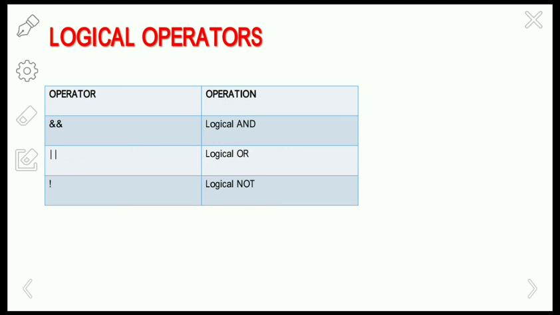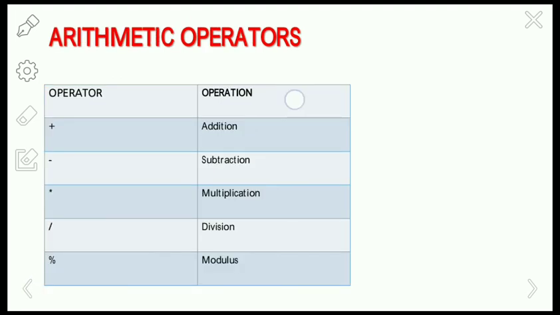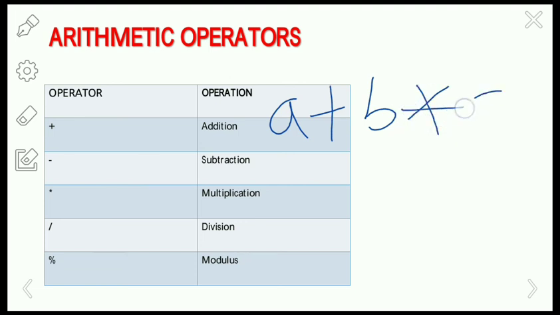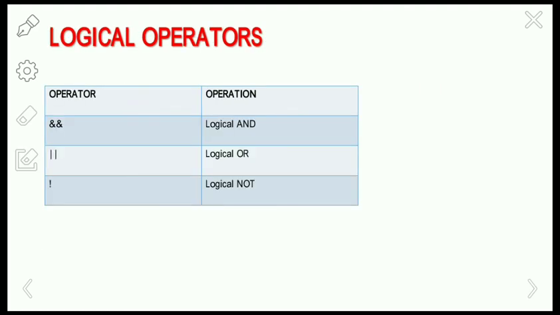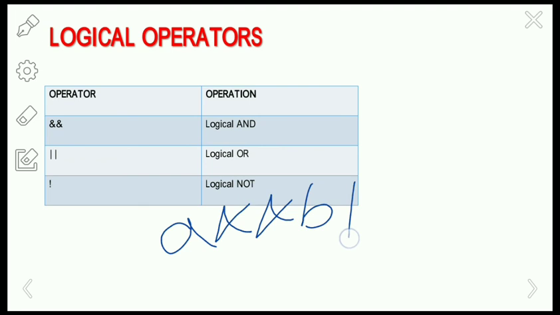So I am taking the arithmetic operator here. Here I am taking an expression a plus b into c. This is an arithmetic expression, because it is having only arithmetic operators. Similarly, if I am taking an expression with only logical operators, that is a ampersand and b or c, then it is a logical expression.